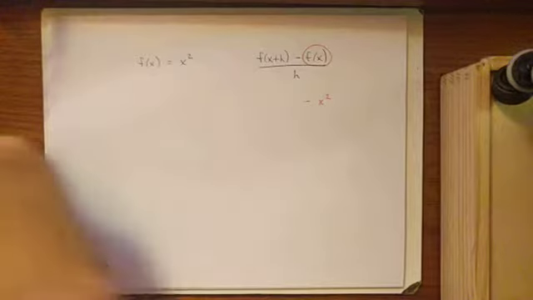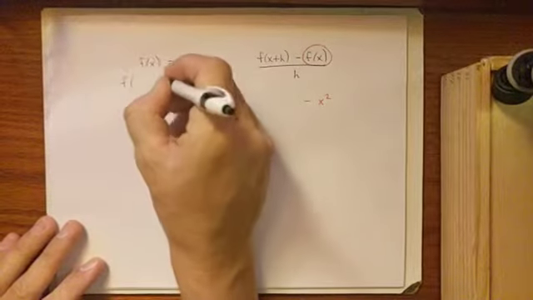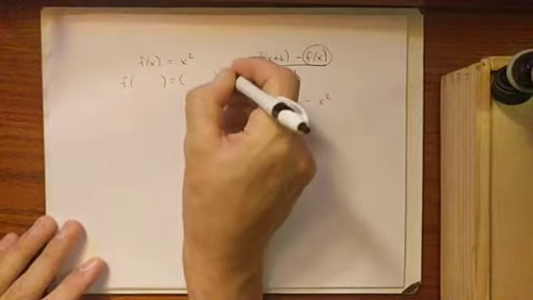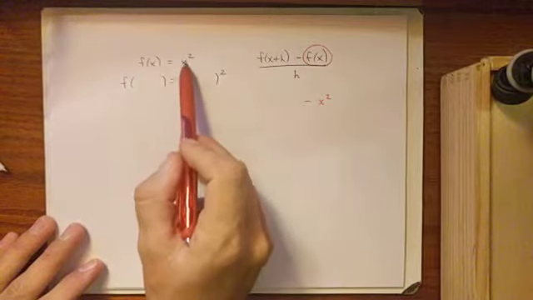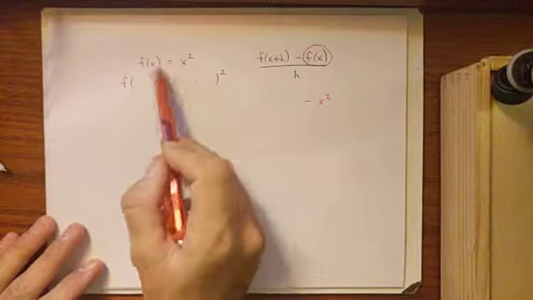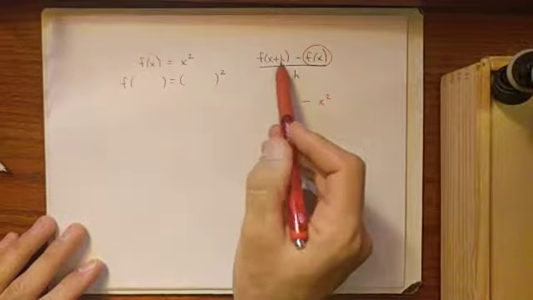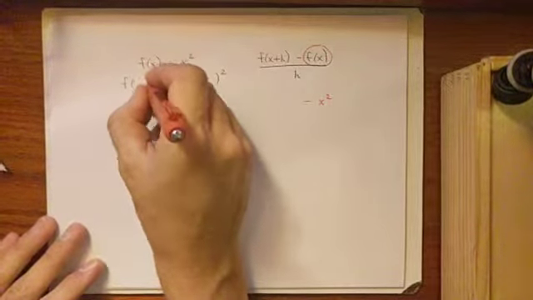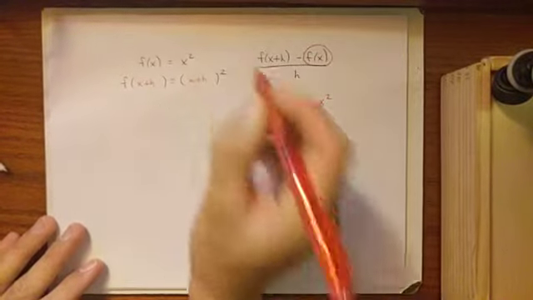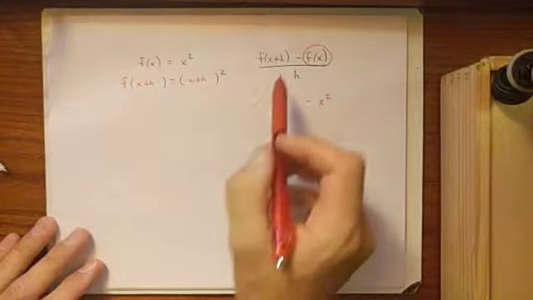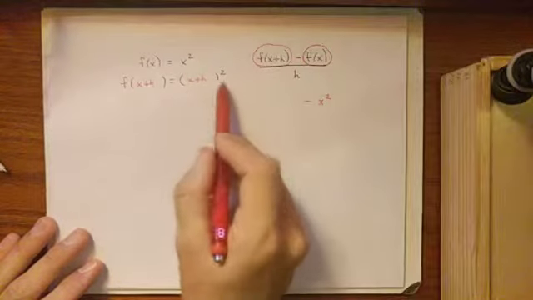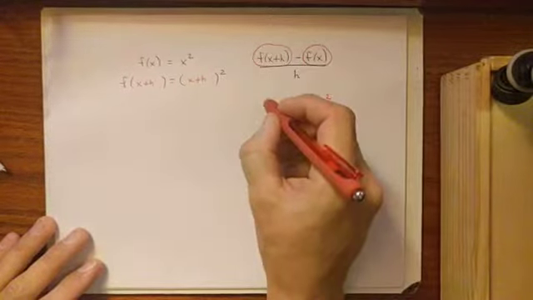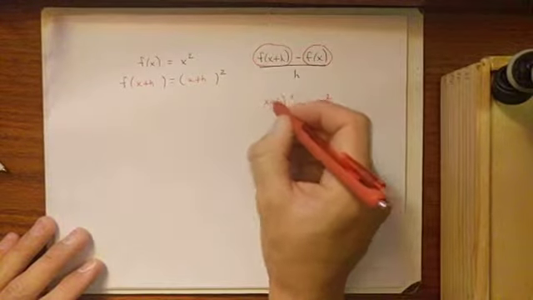So the thing that I have to calculate is f of something different. And the something different is going to replace what x used to be. The domain variable or the input is now going to be this x plus h thing. Okay. All right. So the f of x plus h, which I'm circling now, is going to be this new thing, x plus h squared.